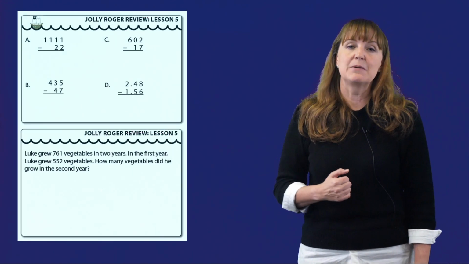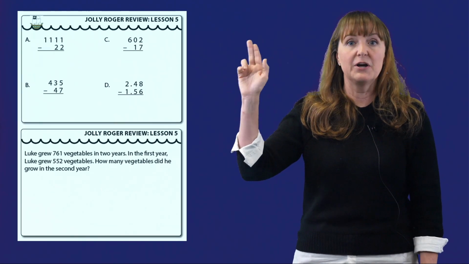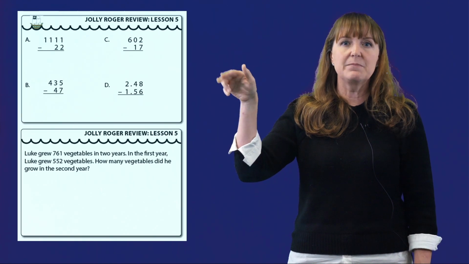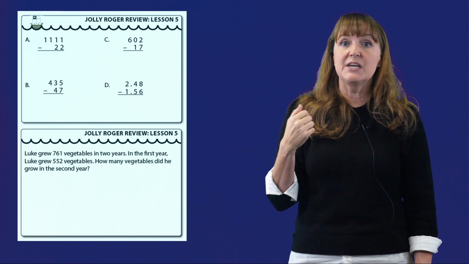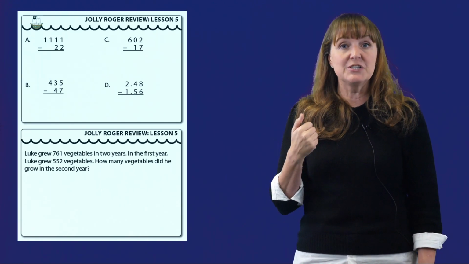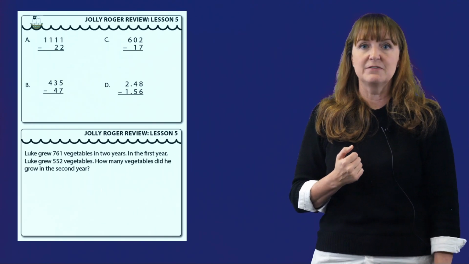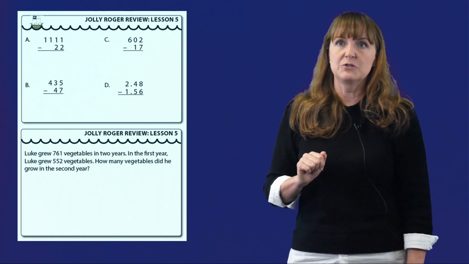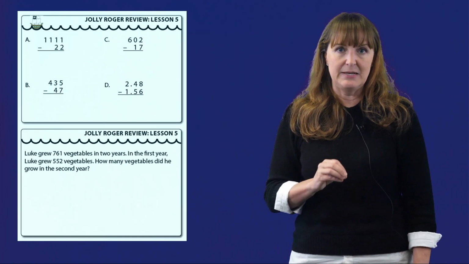So here are some examples of Jolly Roger Reviews. The first part, or the top part, is going to be a 2-minute activity, and this is typically focused on something related to fluency, whether that's computation fluency, fluency with the schema equations, or fluency with compare sentences, such as those that we find in difference problems. But then the bottom part, which will also be timed for 2 minutes, is where students work on a word problem independently.